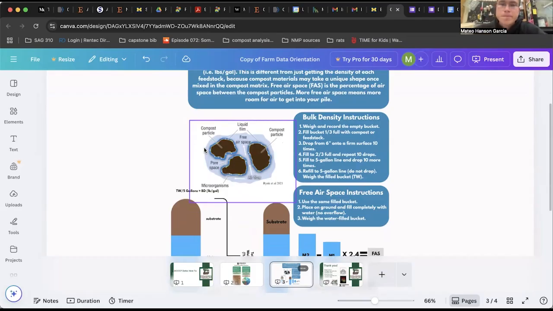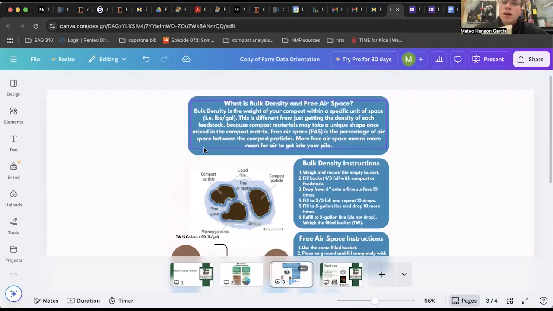And so when we're trying to emulate the real-time conditions of a pile within our data collection, we use bulk density for that reason, to account for things like free airspace.